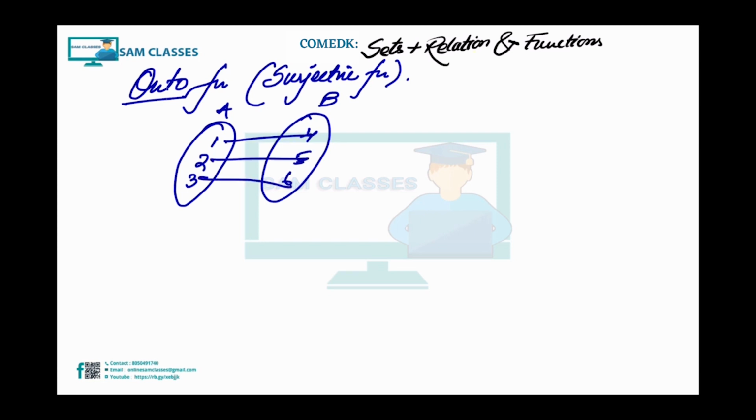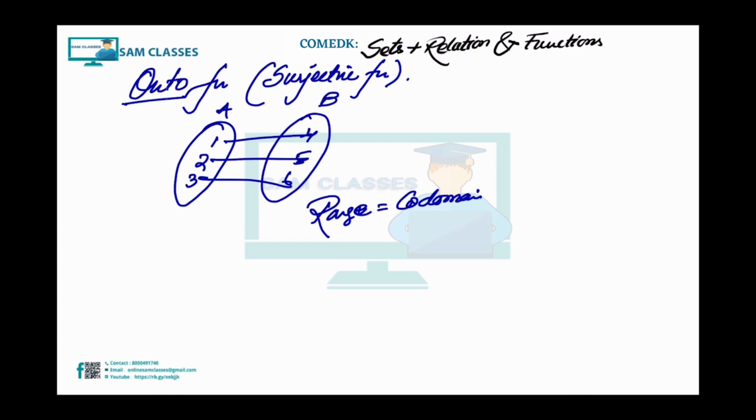So we have something like this. Here you can see the range is also 3 elements, and the codomain is also the same. So when range and codomain are the same, it means there is no element left in set B which is alone or doesn't have a pre-image, then we say that it is onto.